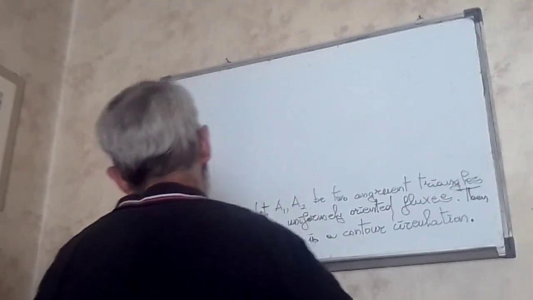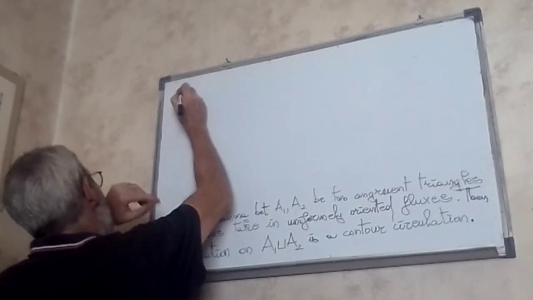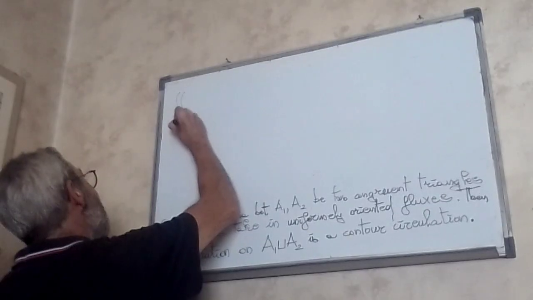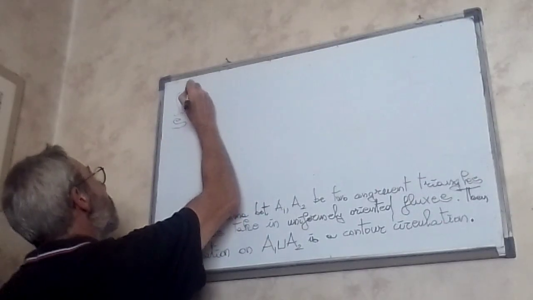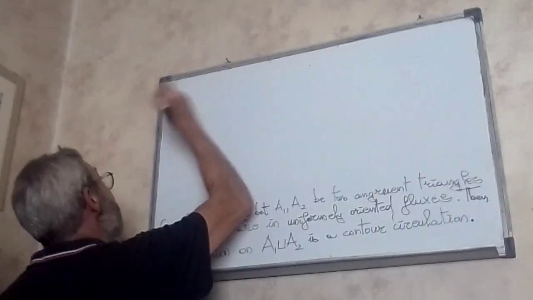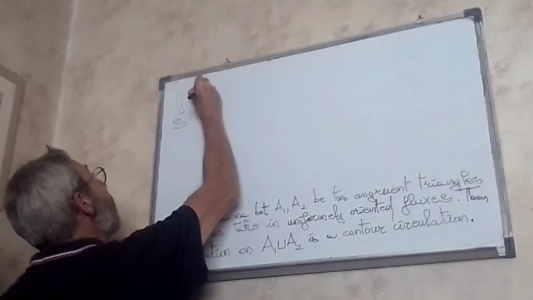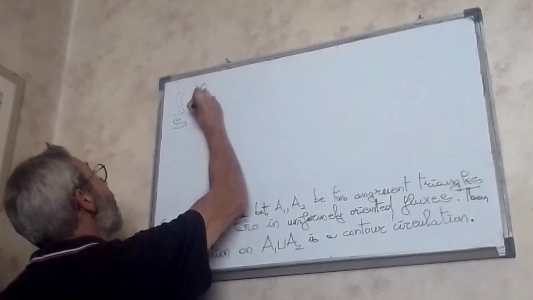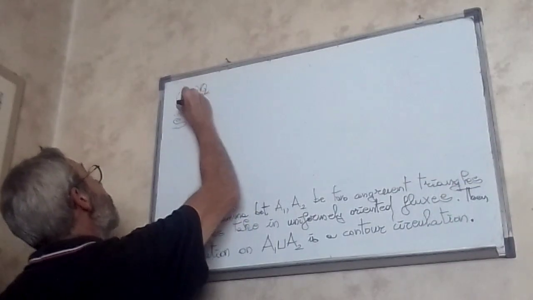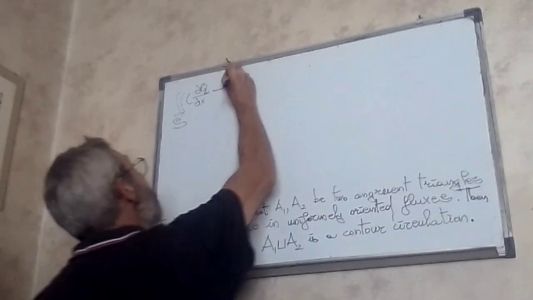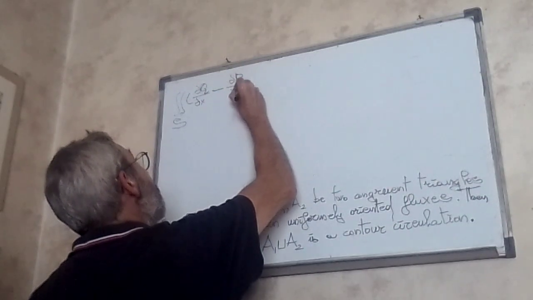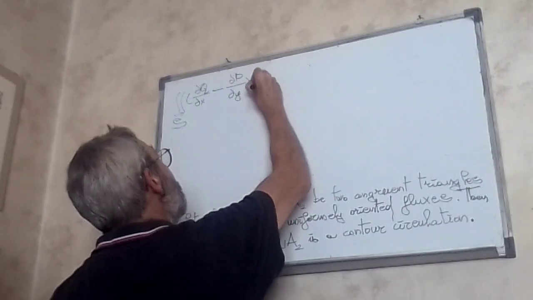We can set, firstly, to write the right hand side as the double integral of the partial of Q over x minus the partial of P over y dx dy.